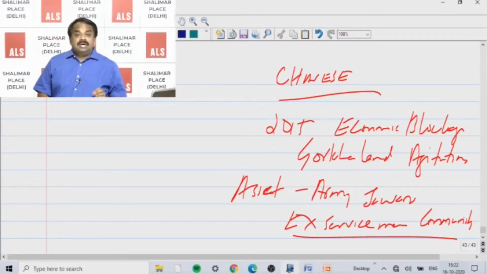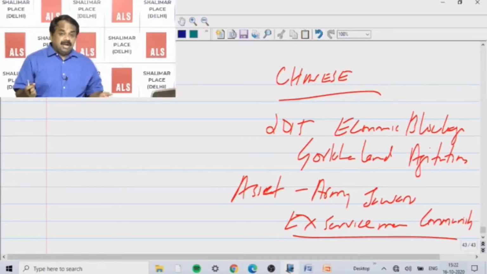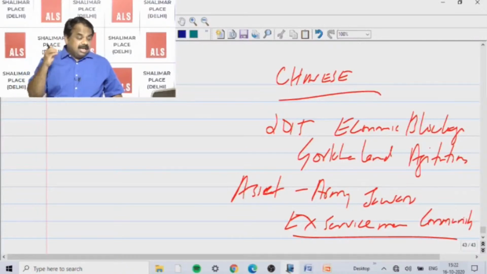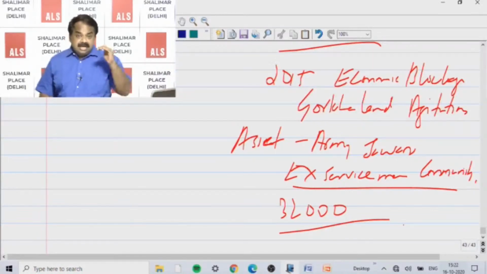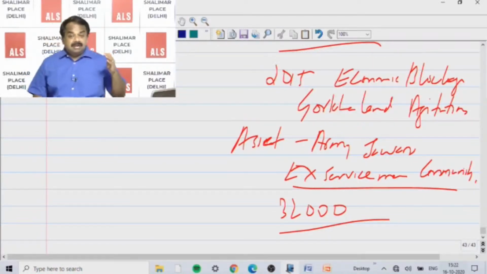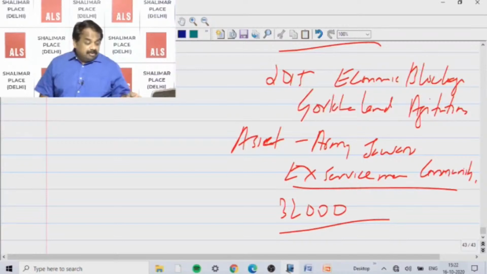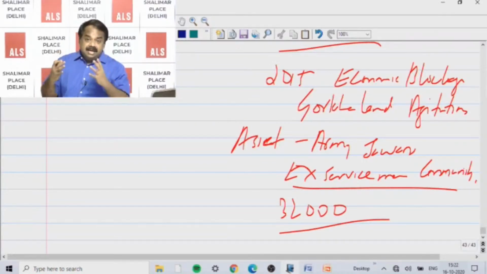According to many experts, this community is a substantial one. 32,000 Gurkhas are employed in the Indian Army at a given time, and there are innumerable ex-servicemen. So it is like a guarantee against any pro-China or pro-left government in Nepal.